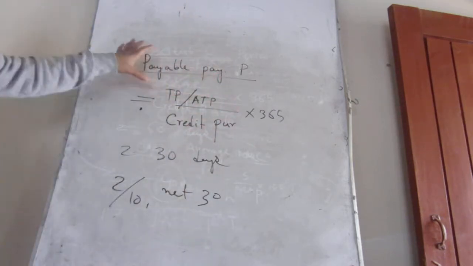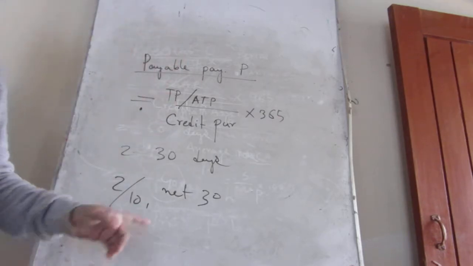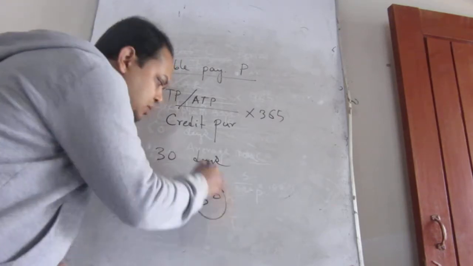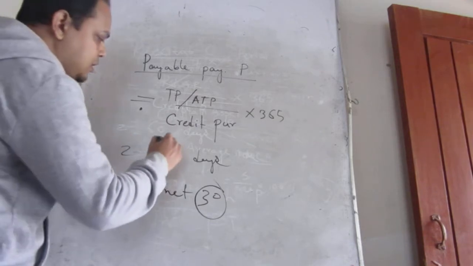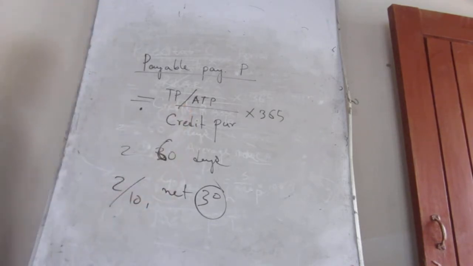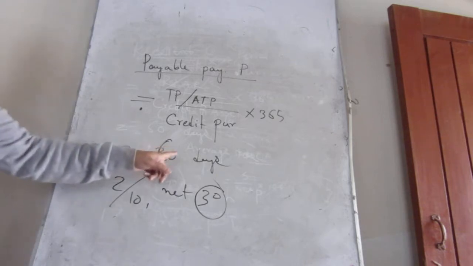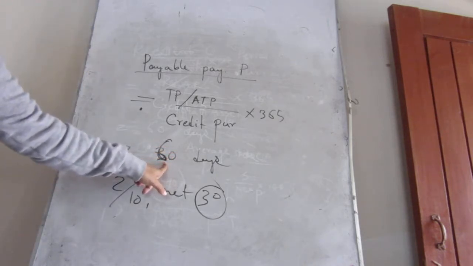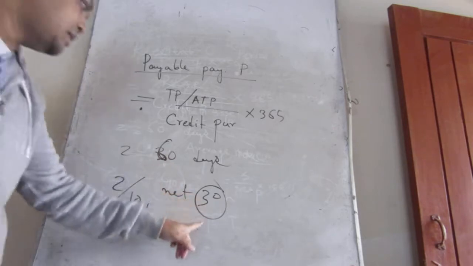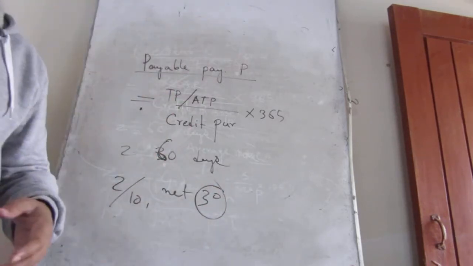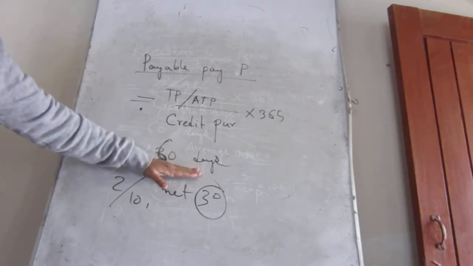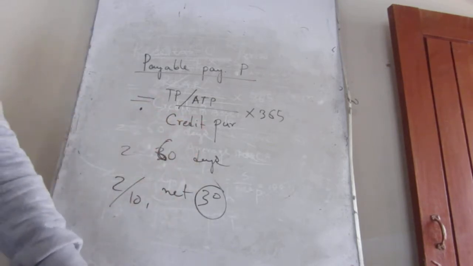So if you increase the payable payment period, and the payable payment period here is 30 days, and if your average payable payment period is 60 days, that means your goodwill is reducing. Next time, what happens here? Your supplier is providing 30 days to make the payment, but you are taking on average 60 days to make each and every payment within the year, right?